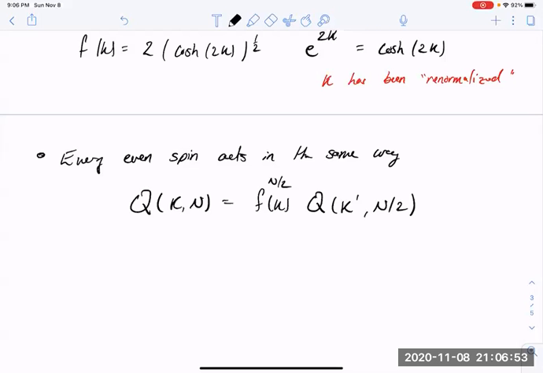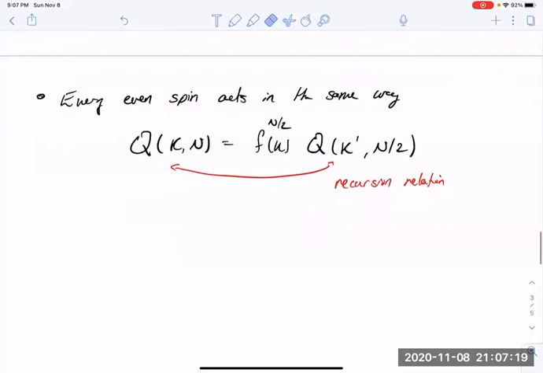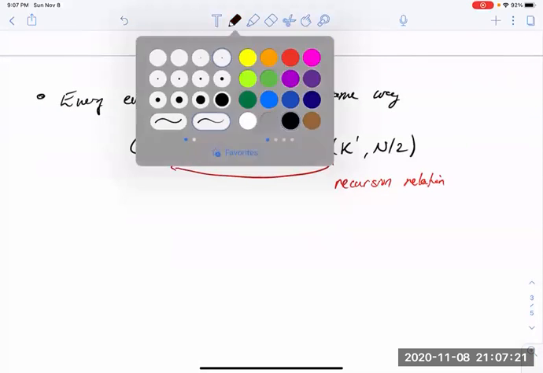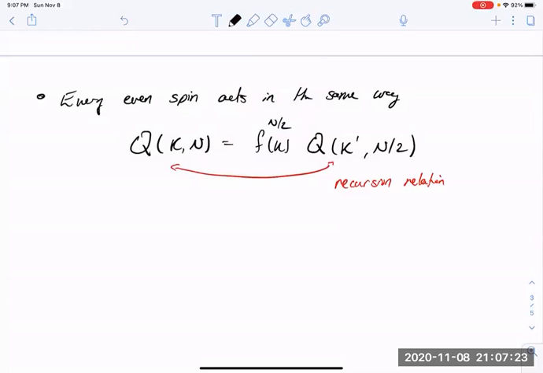So we have not solved the partition function, but now we have a relationship between them that we could imagine iterating. This is a recursion relation. We could continue doing this again and again to actually solve the partition function should we want.